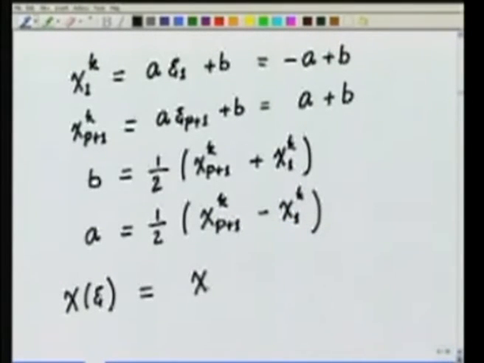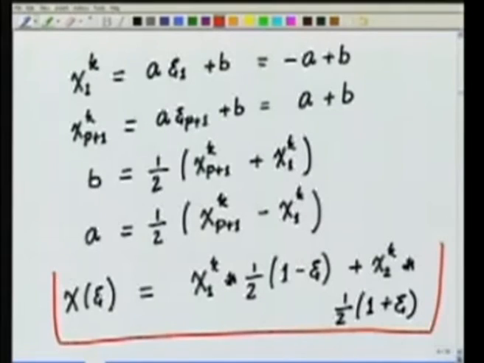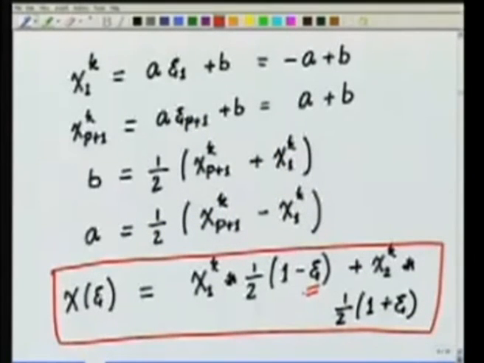It is going to be x1k into half of 1 minus psi plus x2k into half of 1 plus psi. So this is now the mapping by which any point psi, when it is given to us in the master element, we can find the corresponding point x in the physical element.